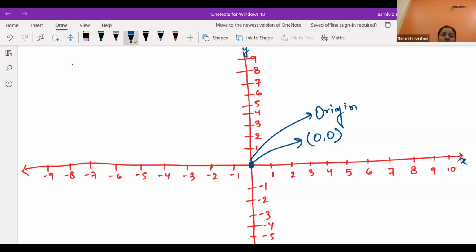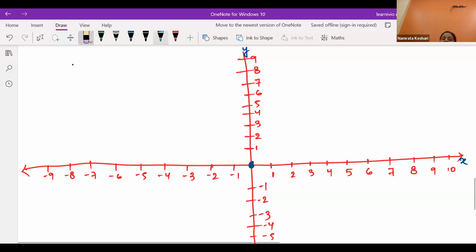Yes, ma'am. Okay, so from now onward we are going to call it origin, and here the coordinate we will say x is also 0, y is also 0. So we don't even have to drop the perpendicular or anything. We just have to use the logic that we have while placing it. We have placed both the number lines perpendicular to each other, and we have also placed 0 on 0.